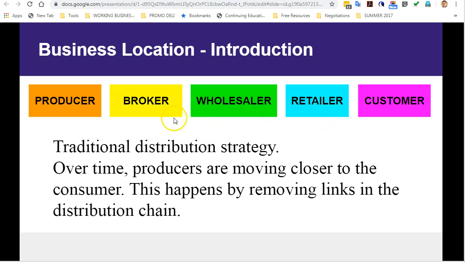So the more people or organizations that interact in this distribution chain, the more you're going to have to provide them with part of the revenues that the customer would pay for that product or service. Often you are paying a retailer a portion of the proceeds of the final revenue that the customer would pay, because the retailer's job is to get the product in front of the customers, maybe to advertise to customers about the different types of products, and to hire sales staff or provide instruction on what the use of that product is.